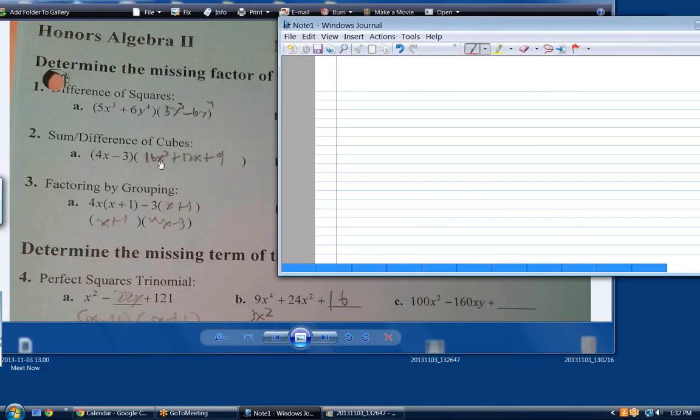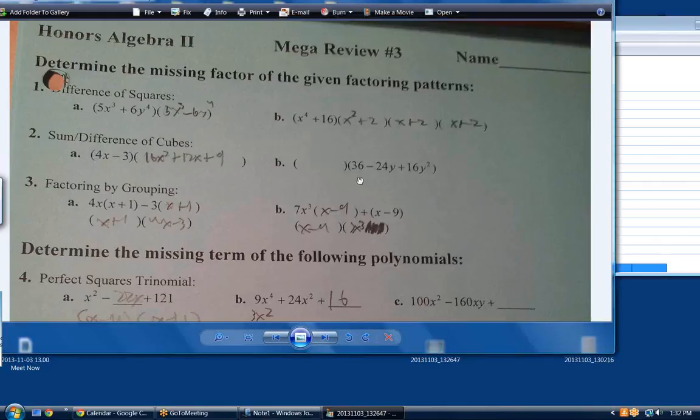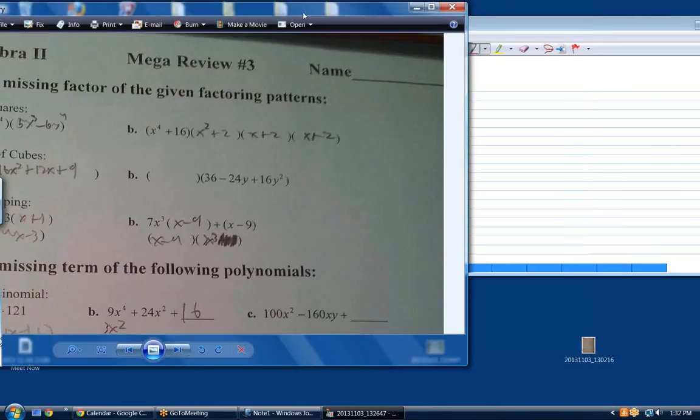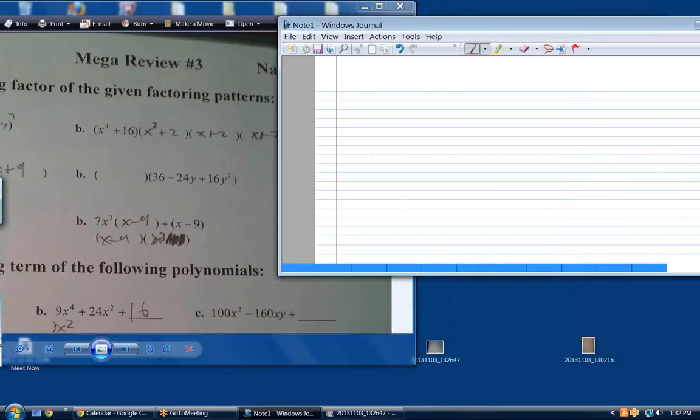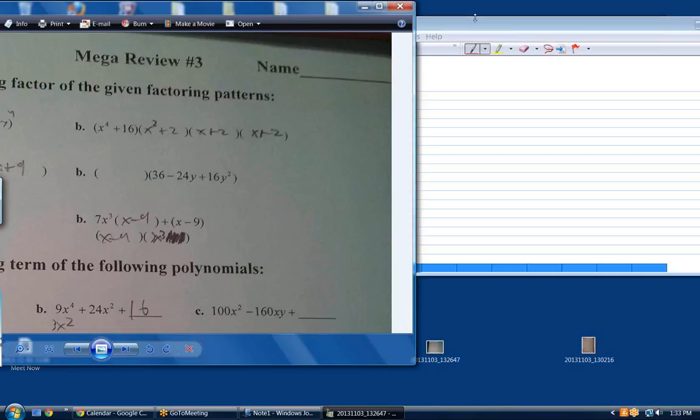Looks like you got, is this your answer or hers? Mine. Okay, that's correct. What about this one? I didn't do that one. Okay, so what's the answer we're looking for? Work backwards, yeah.